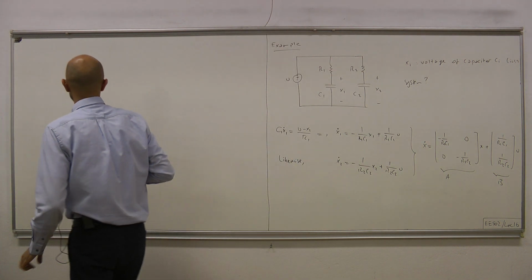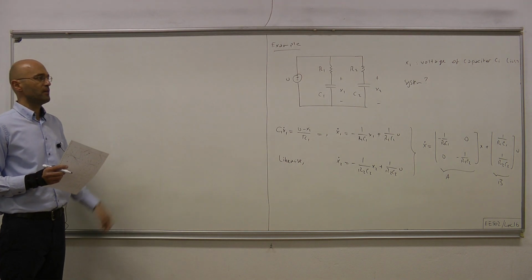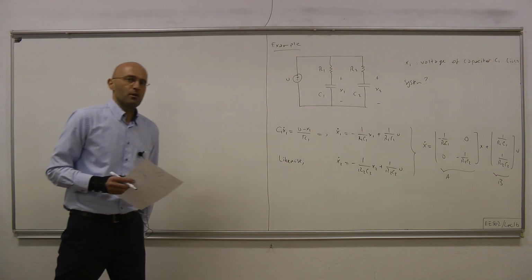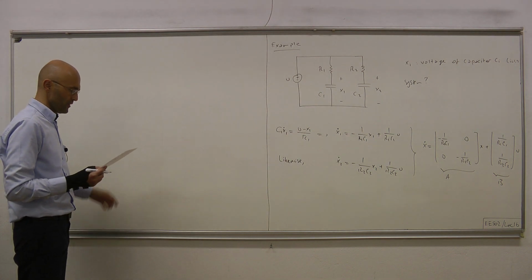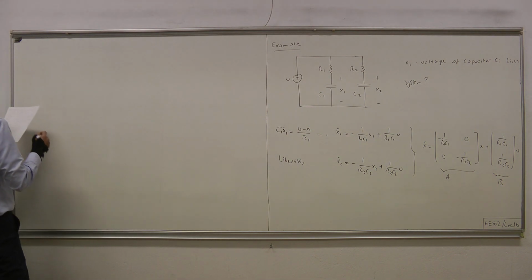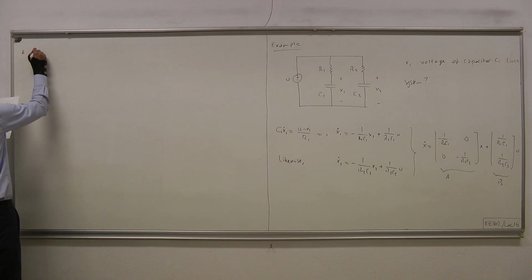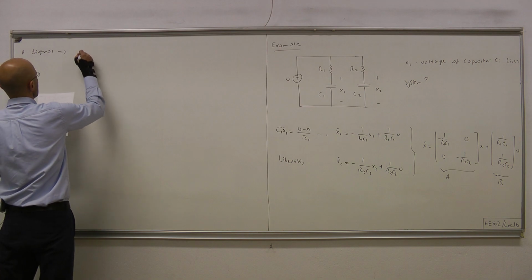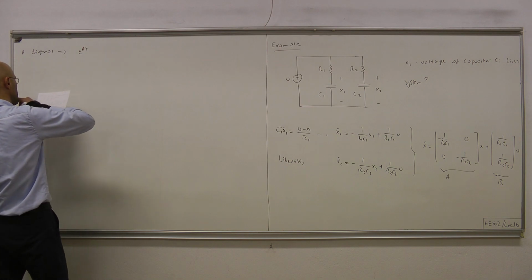And then once we have the state transition matrix, we can apply the definitions and figure out the controllable and reachable subspaces for this system. A diagonal immediately yields the following state transition matrix.